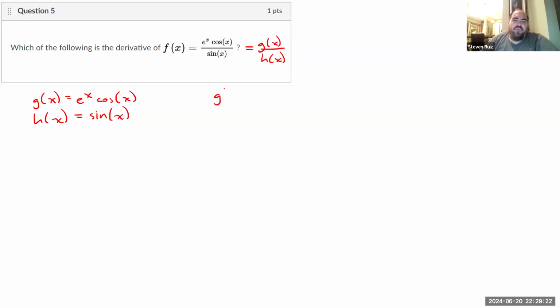So g prime is going to involve the product rule just on its own. How do I do the product rule? This would be the derivative of the first function. That first function is e to the x. What is the derivative of e to the x? That is e to the x times cosine of x, plus the first function left intact, that's e to the x, times the derivative of cosine of x.